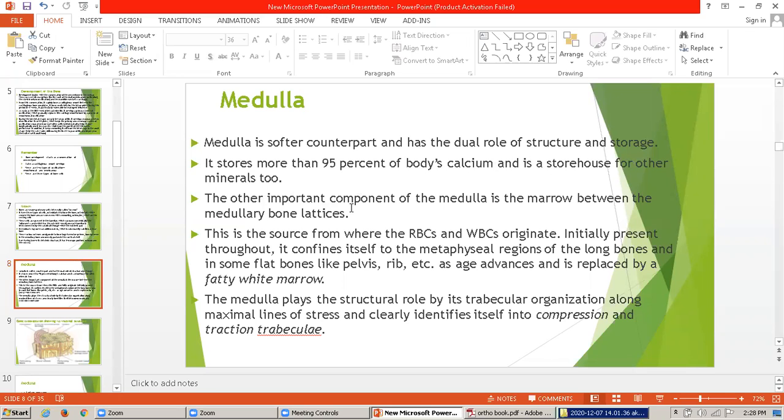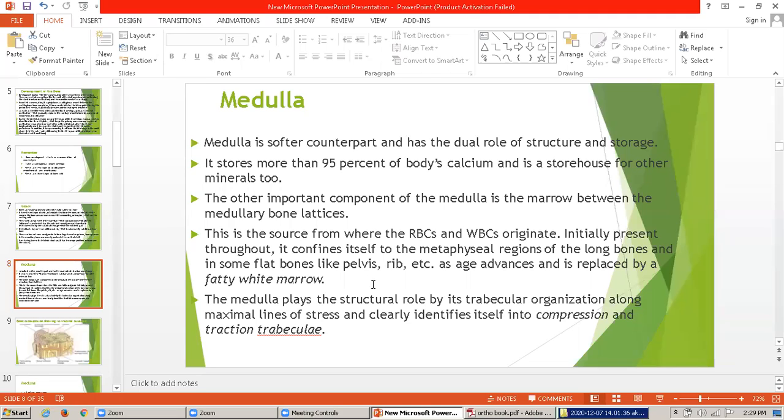And the most important component of the medulla is the marrow. It is between the medullary bone lattices. The marrow is present in between the medullary bone lattices, and this is the source where RBC and WBC originate. Initially it is present throughout, but it confines itself to the metaphyseal region of the long bone and in some flat bones like the pelvis or ribs. So, ribs and pelvis are flat bones.